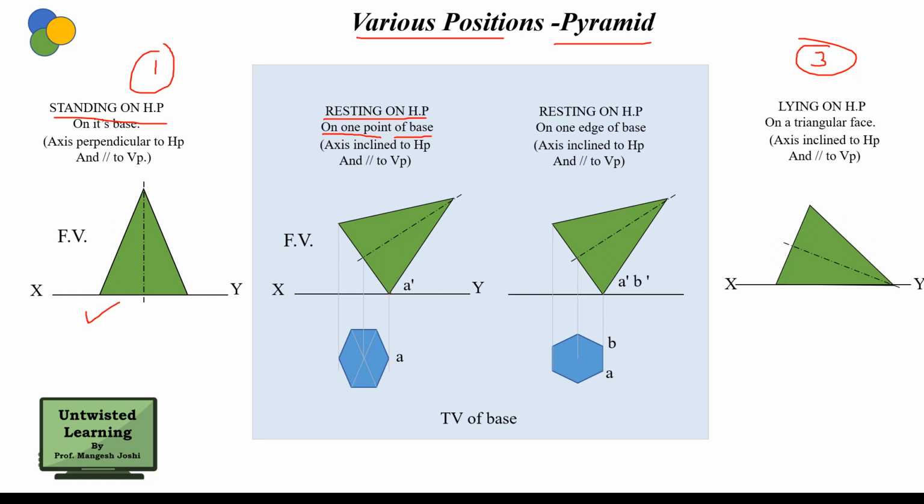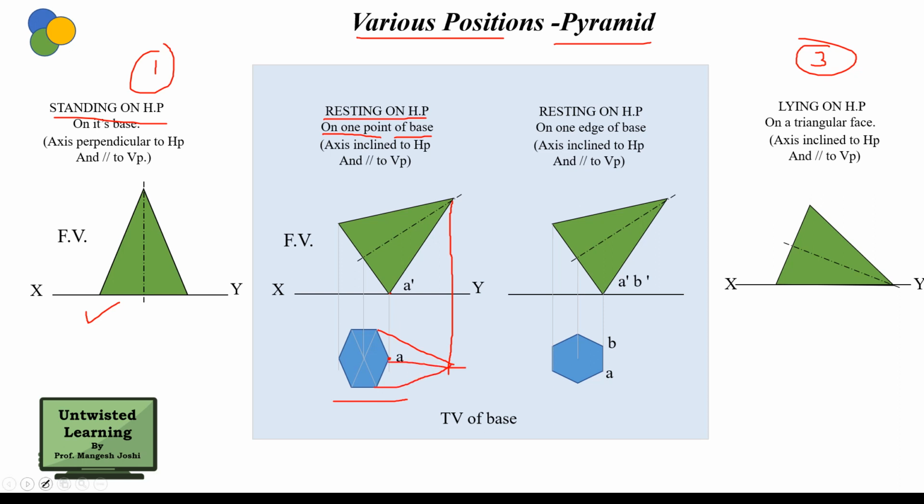So it is represented by this top view of the base. Okay, so since you have this point over here in the top view of a hexagonal pyramid, you are getting only one point here, that is A dash, right? So if you mean to draw the final top view of this, it will be seen something like this.